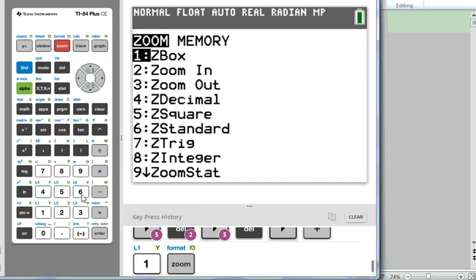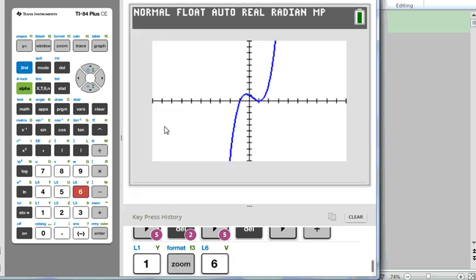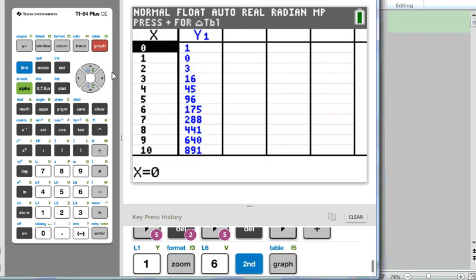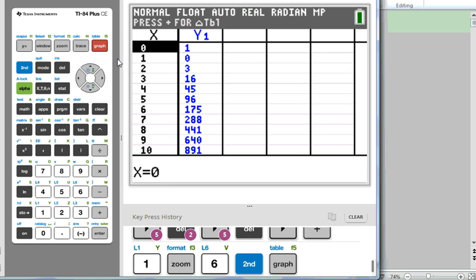So we graph. What does this look like? I put zoom 6. Looks like we have -1 and 1. You can check the table view. Yeah, -1, we have a 0, and at x equals 1.